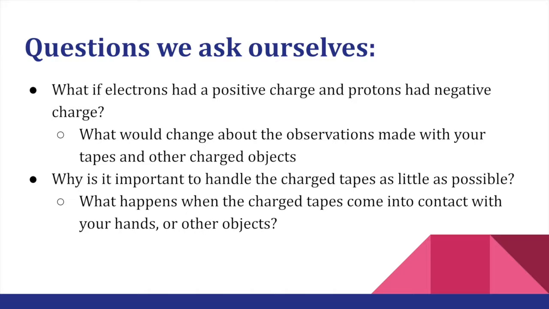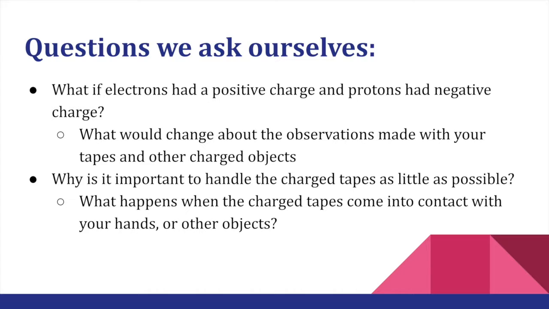So what would change about our observations of our tapes throughout our laboratory? Nothing much. The observations we made with our tapes and other charged objects wouldn't change because all of them were made from an outside perspective and we weren't looking at the micro interactions between electrons and protons. So from an outside perspective, we'd observe the same things.